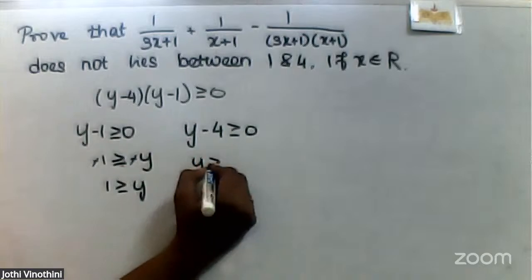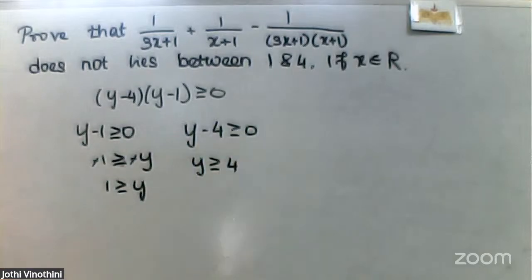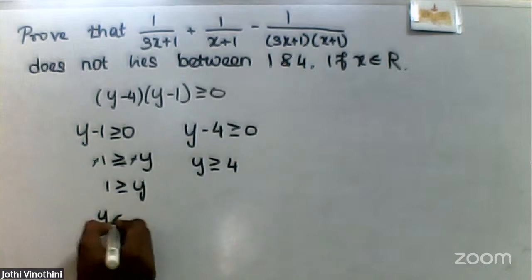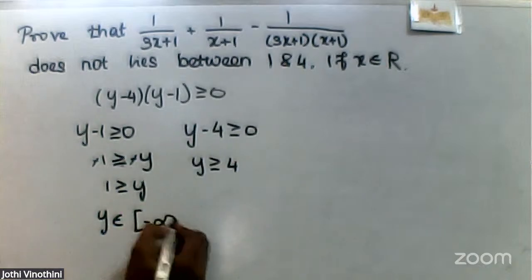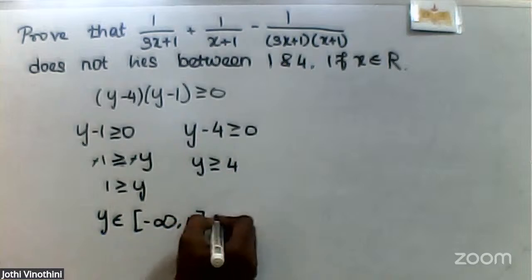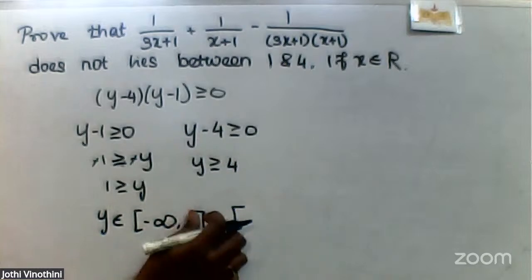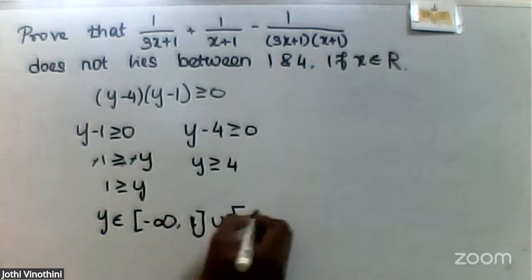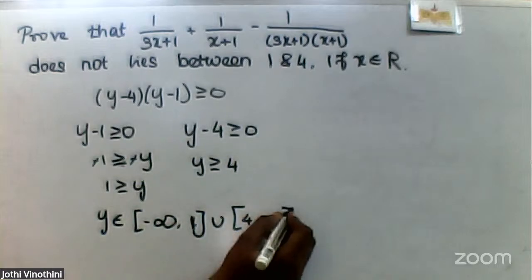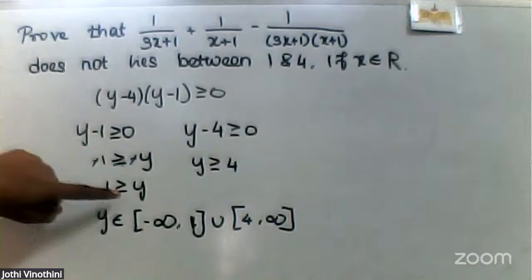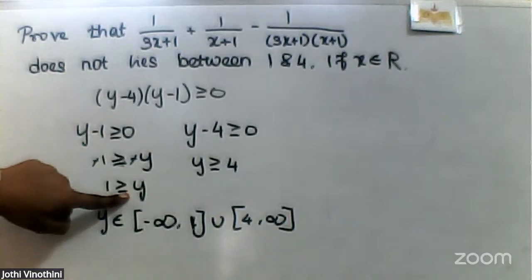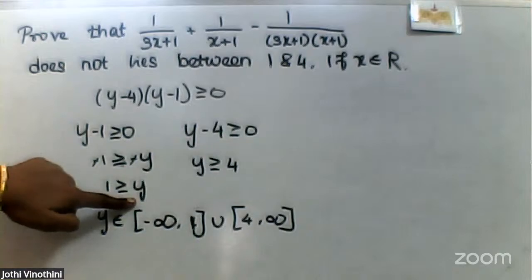See here I am going to take this to the other side. So what we get is y must be greater than 4. So what must be the range? So y must belong to minus infinity to 1, right? And 4 to infinity. See, what we know is y is less than or equal to 1, right.